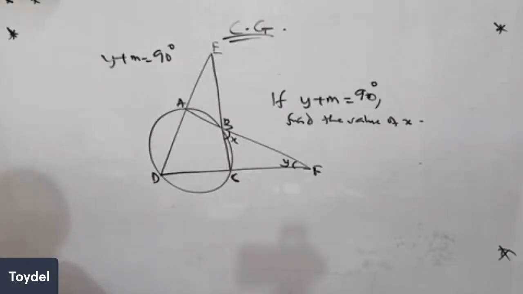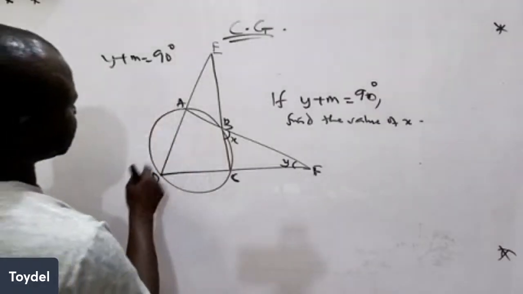ABE is X. Yes, that's okay. Then BAD is X plus M. BAD is the angle.